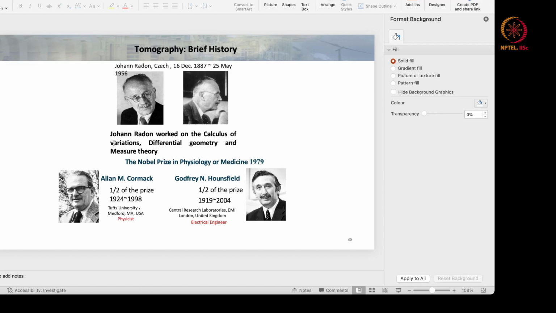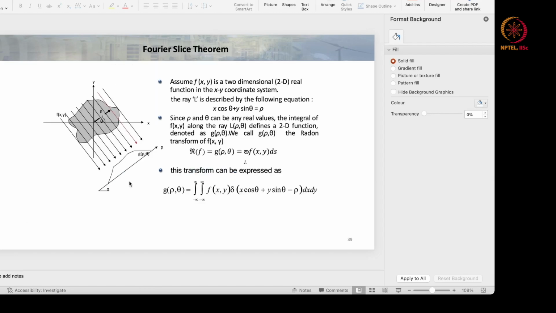The Nobel Prize in Medicine for the CAT scan went to Allan Cormack and Godfrey Hounsfield. They were a physicist and an electrical engineer, and they got the Nobel Prize in physiology or medicine. So this is a brief history. This is used even in X-ray tomography and stuff like that. The essential heart of this is the Fourier slice theorem.